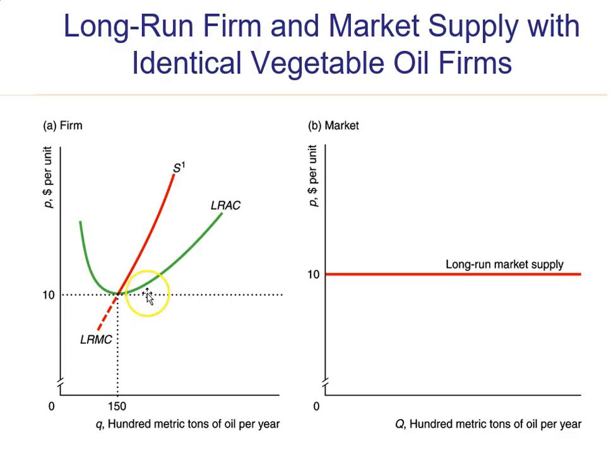Every firm is just like this. As you add firms, it does not impact our input prices. So in the long-run market supply, we can supply as much as we want at that price of 10, the minimum of our long-run average cost, which is where it intersects the MC curve. This is a long-run market supply curve when we have constant costs.